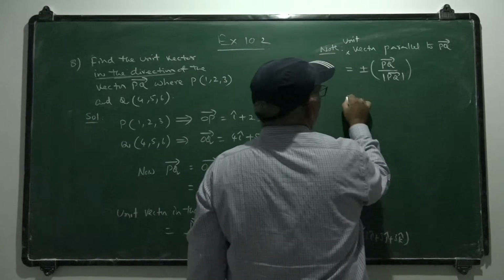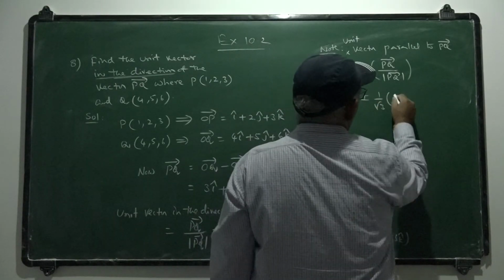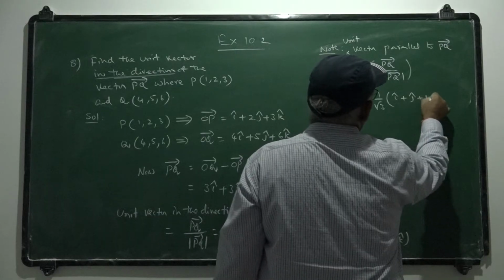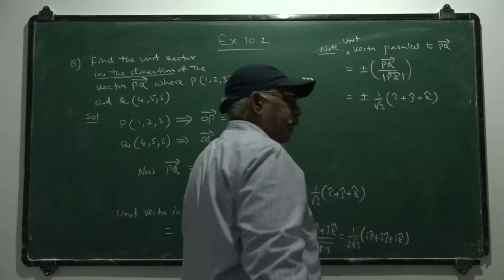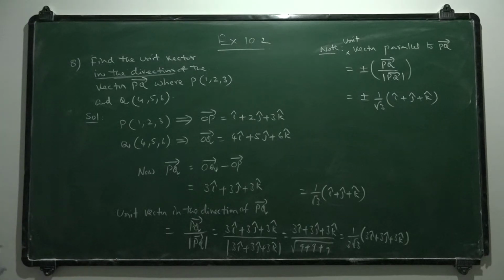You can take either plus or minus. In such a case, the required parallel unit vector is plus or minus 1 by root 3 into (i plus j plus k).